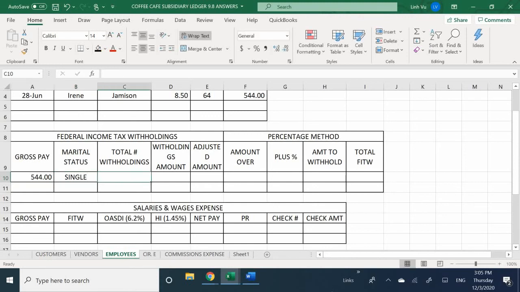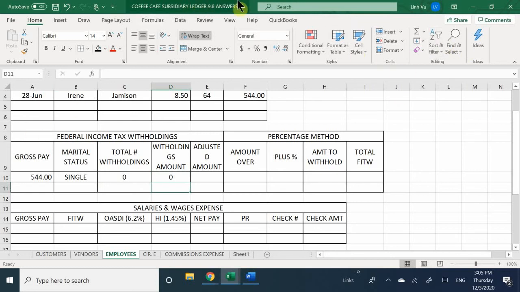And how many total withholdings did she claim? 0. She claimed 0. So if she claims 0, whatever amount you place here, it's going to be 0, because it doesn't matter what each withholding is. She didn't claim any, so it's going to be 0.